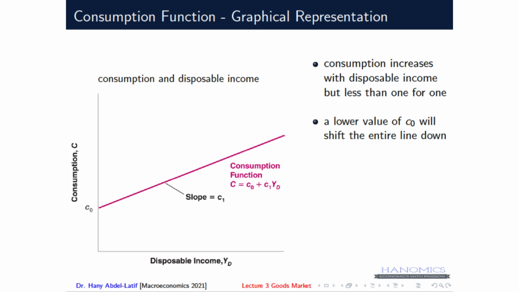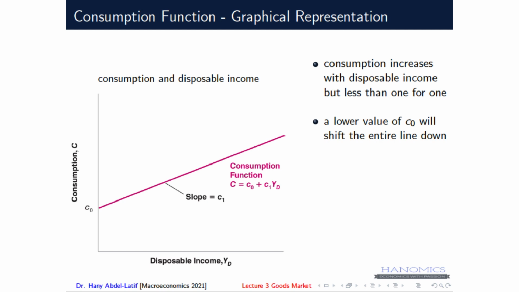Why? Because we know from the behavior equation that the relationship between disposable income and consumption is positive. So we also know that the marginal propensity to consume is somewhere between 0 and 1, and that is going to be the slope of our line. So the slope of this consumption function should be equal to C1, or the marginal propensity to consume.